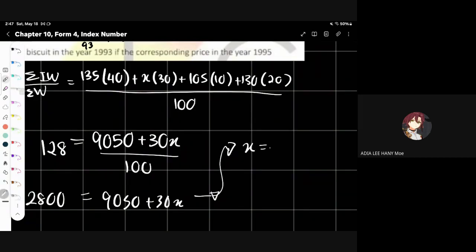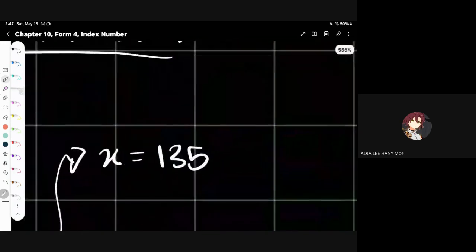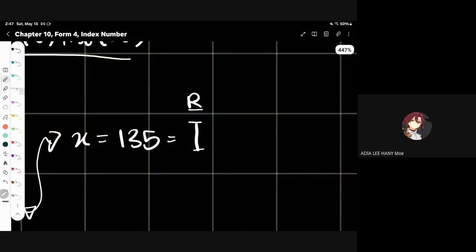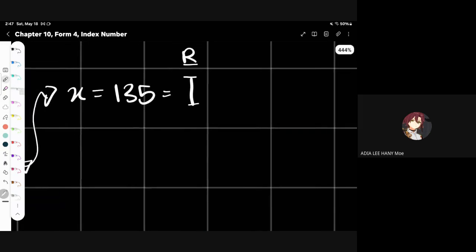So x should be 135. So the value of x, which is for R, is equal to 135. So far understand? Very simple.